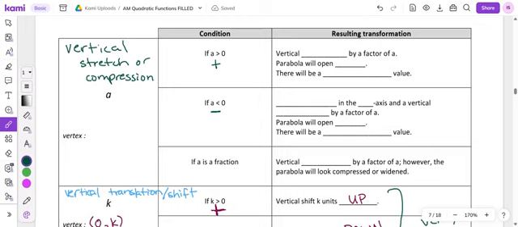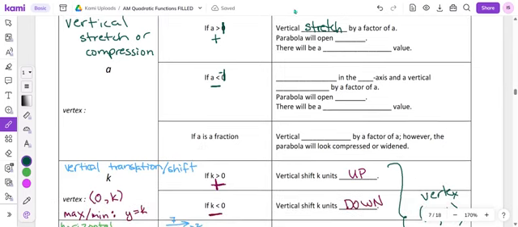So if A is positive, there's a vertical stretch. We're going to say stretch by a factor of A. I want to make this number 1, because we're just talking about the stretch. And for the negative, it's going to be less than -1. Why did I make it 1 and -1? Because we're talking about a stretch.